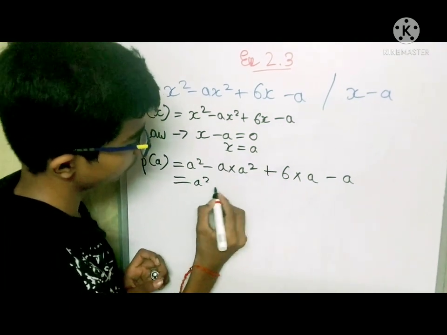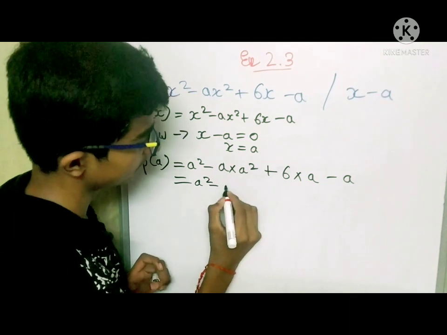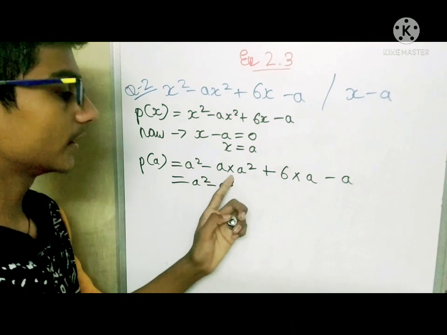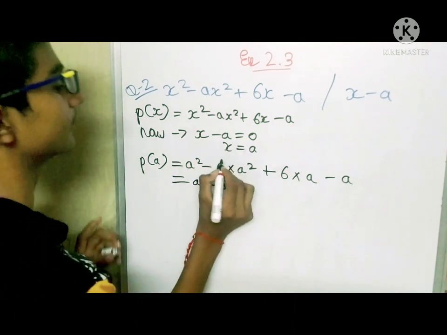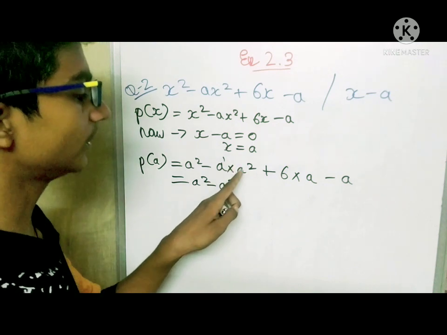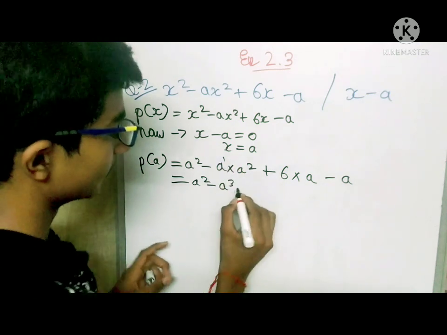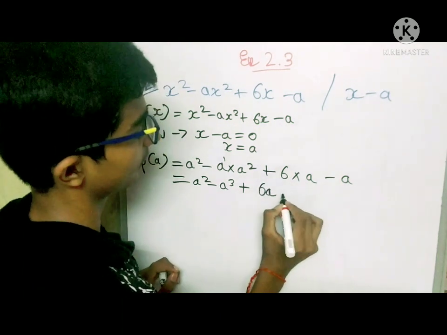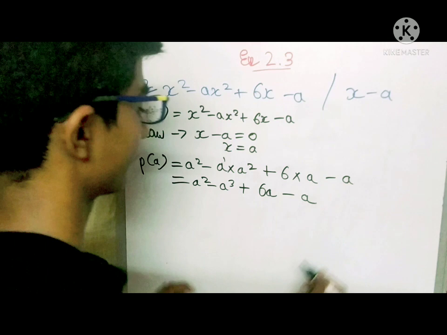So it will be a square minus a cube. See, here it is cube now. Here it was square, here it is cube, because where a has nothing, it is 1. These both are the same, so we are going to add the powers because it's multiplication. So 2 plus 1 is 3. Plus 6 into a is 6a minus a.